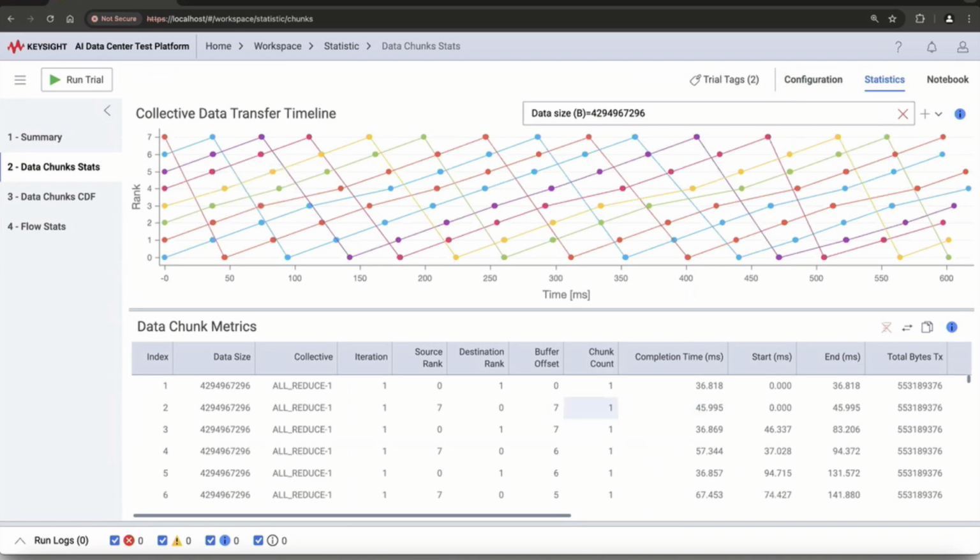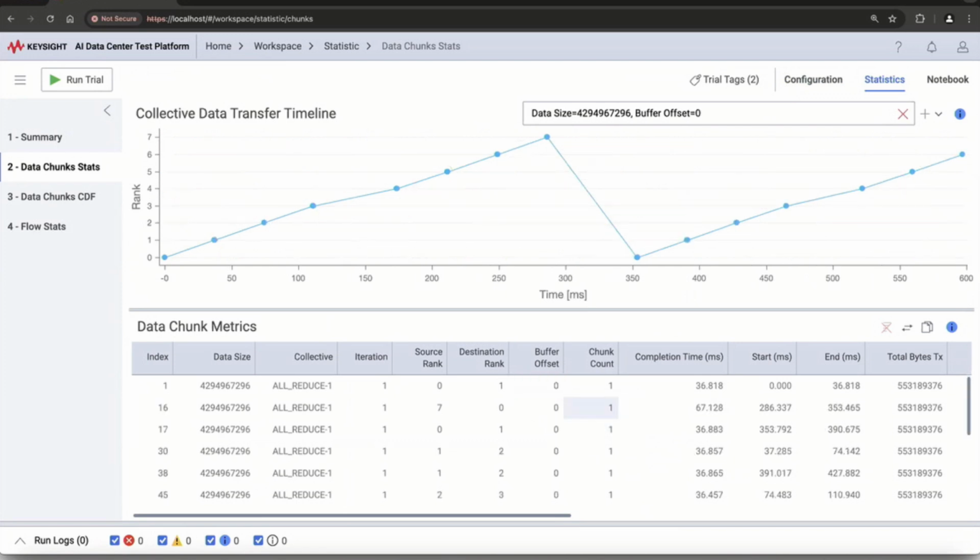We can see how that entire data moved across all 8 GPUs in a ring-like manner. In the all reduce, the first step is I send to the next guy, he does some computation, and with the intermediate results, he sends it to the next guy after that, and so on.